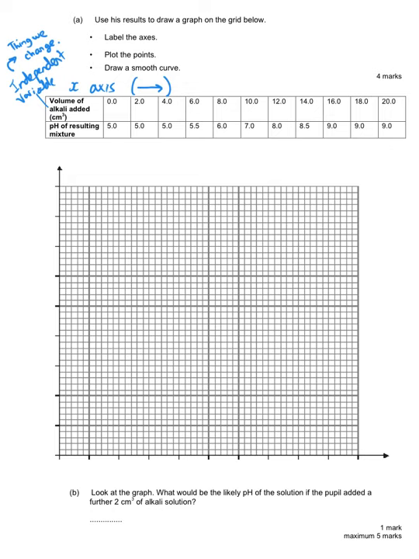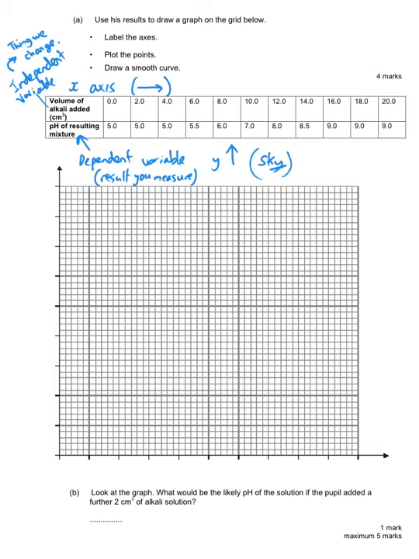And the x-axis is the one that goes across because an x is across. And the result that gets measured is called the dependent variable, and that must always go on the y-axis, and the y-axis is the one that goes upwards because upwards is where we find the sky, and y goes to the sky.